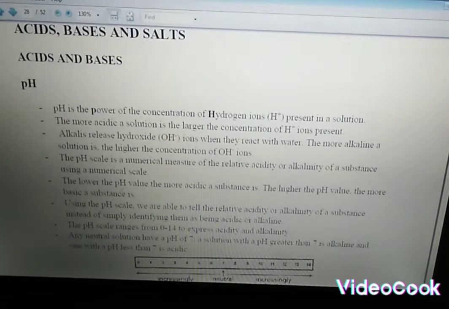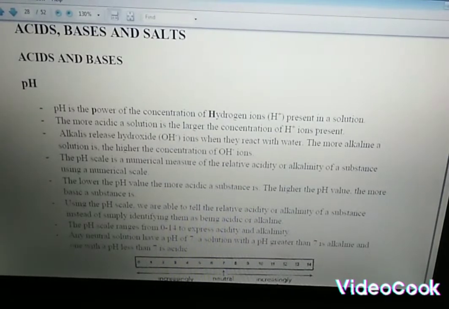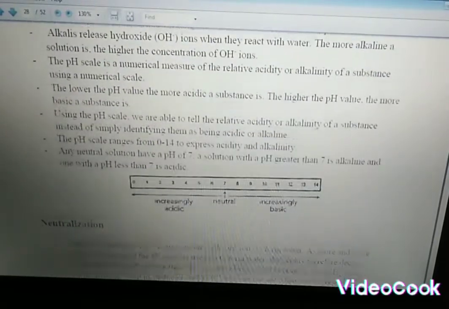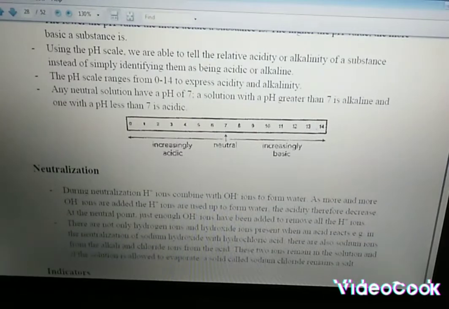For a pH lower than 7, the lower the pH, the more acidic a substance is. If your pH is less than 7 and close to 0, it means we have a very strong acid, right?